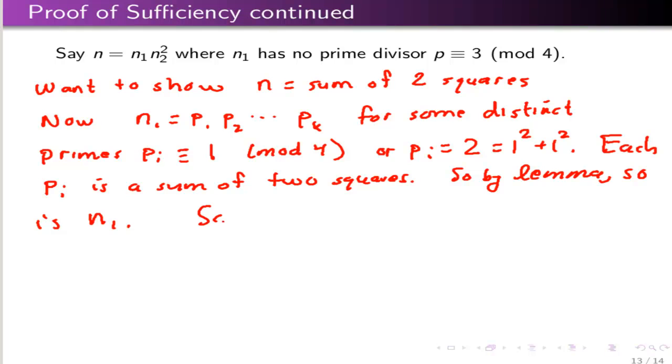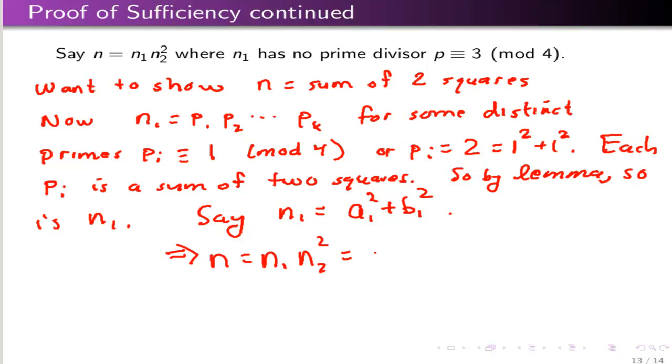So let's say n1 is a1 squared plus b1 squared. And now I want to represent n itself as a sum of two squares. Well, n is just n1 times n2 squared.